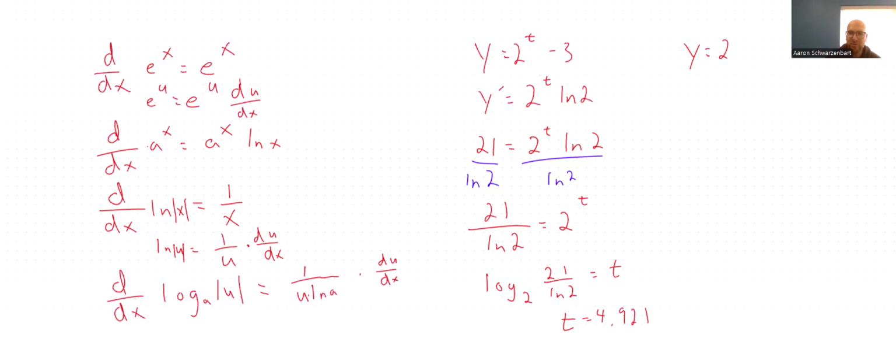I plug it in, and this equals 27.3, roughly. My point, 4.92, 27.3. So that is my point. Point implies coordinates.